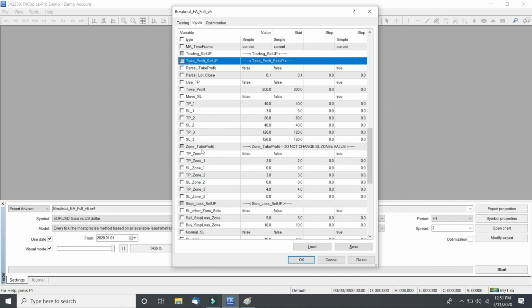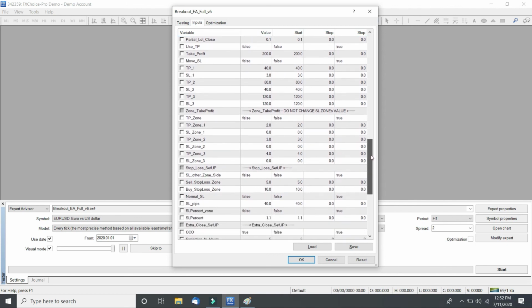And then a zone take profit, where you say, okay, the zone is 50 pips, I want twice as much as the 50 to be my first target. If the first one is 2, the second one I want to be 3 times the zone, and the third one I want to be 4 times. That's this one. And you also have a stop loss placed on either side of the zone.